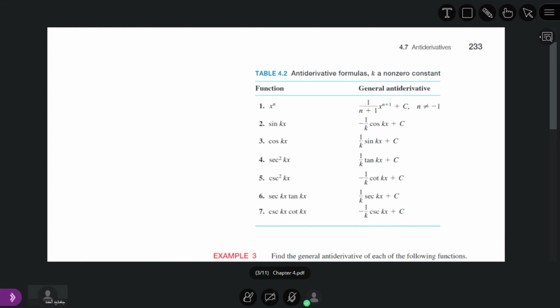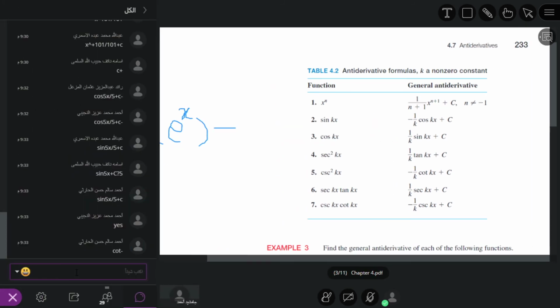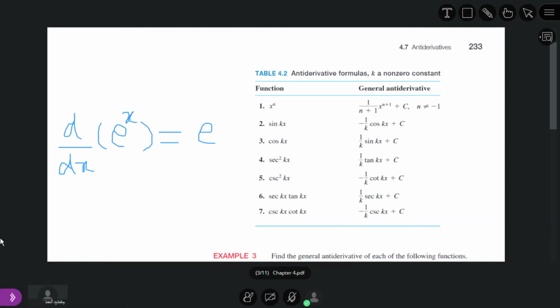Now, if I ask you what is the derivative of e power x, it is the same, e power x. So what is the antiderivative of e power x?